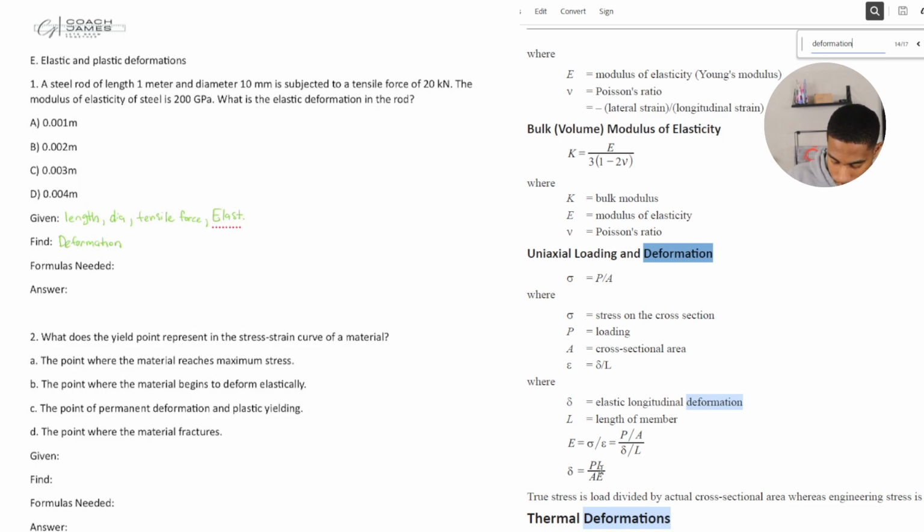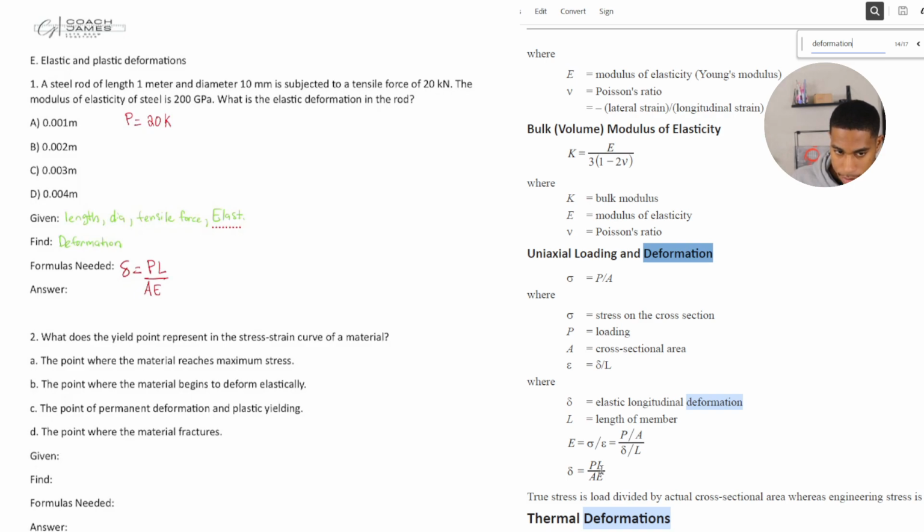So I know which formula we now need. Deformation is equal to PL over AE. P is equal to 20 kilonewtons. And I like to put everything in newtons and everything in meters.